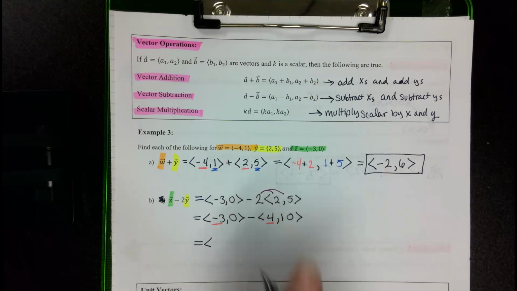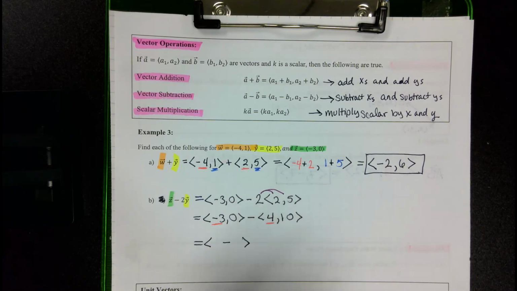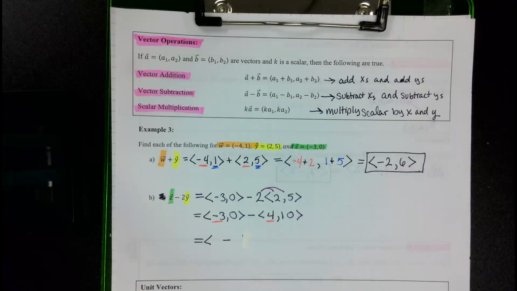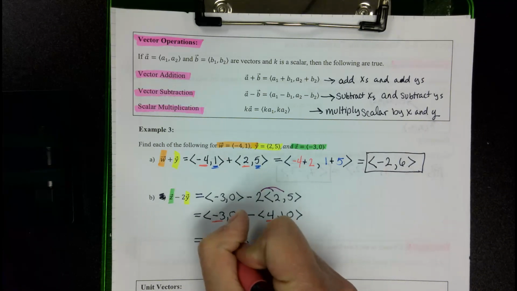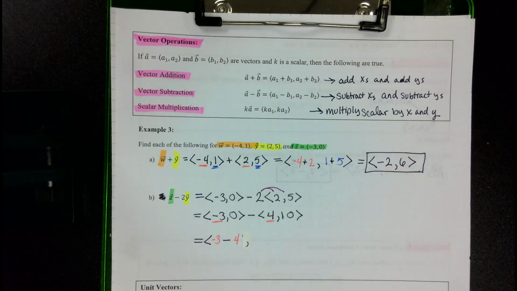This is going to give me, and I'm going to subtract. Oh, I didn't mean to put parentheses there. Sorry, that's just where the x is in, so it's going to be a comma. And I have a negative 3, and I have a 4. So for the x's, it'll be negative 3 minus 4.